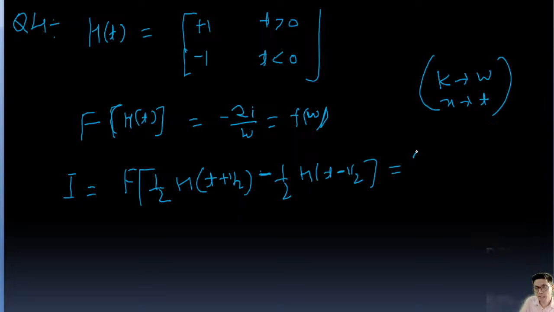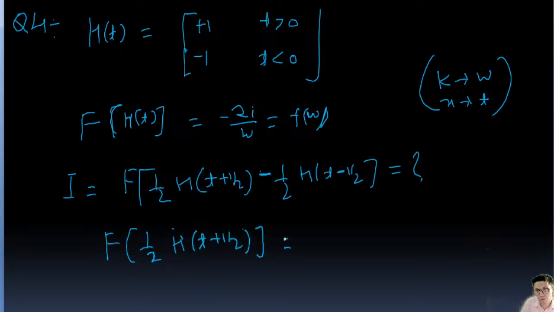We'll use the property and solve it. First I'll find the Fourier transform of 1 by 2 h(t plus half). This we are going to find out.